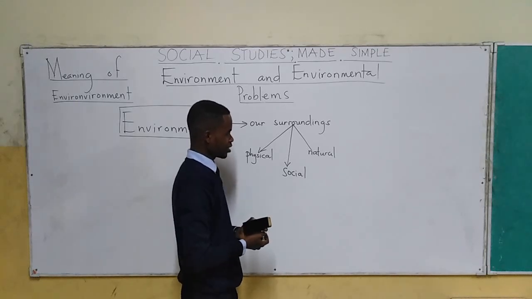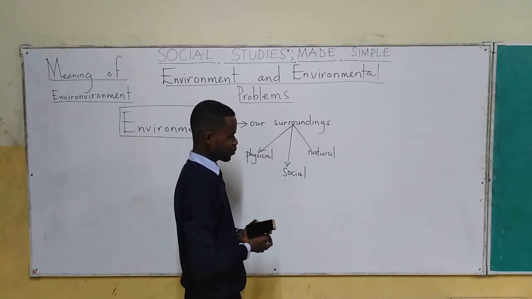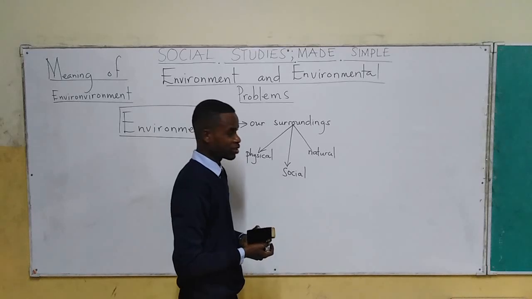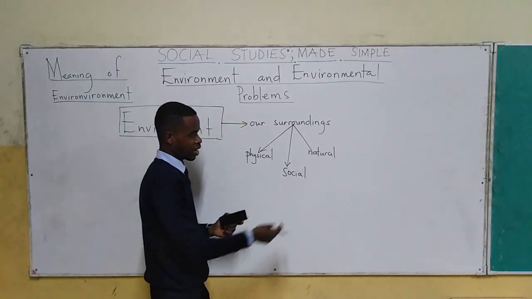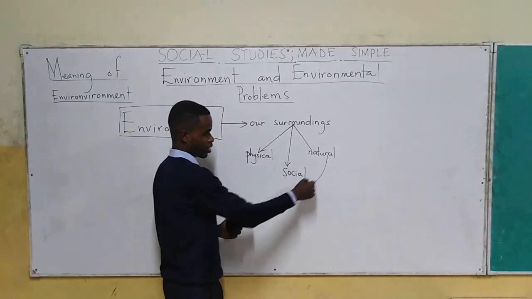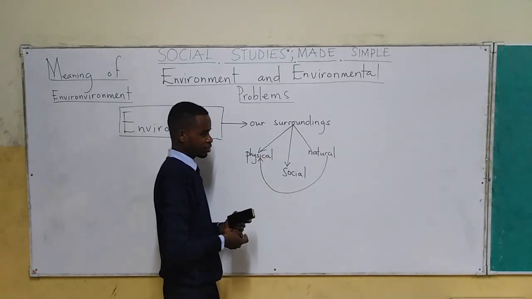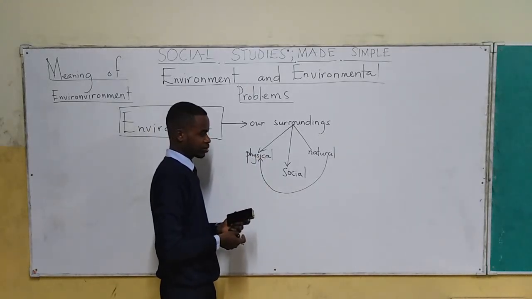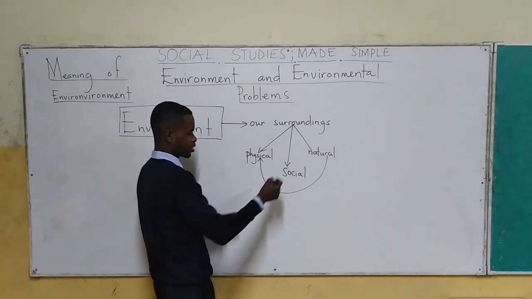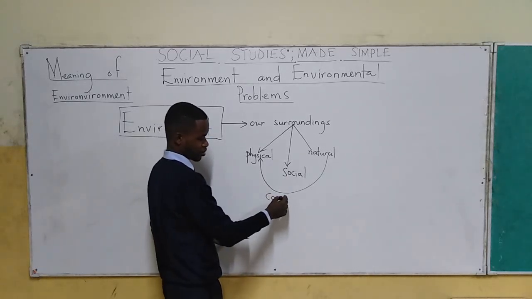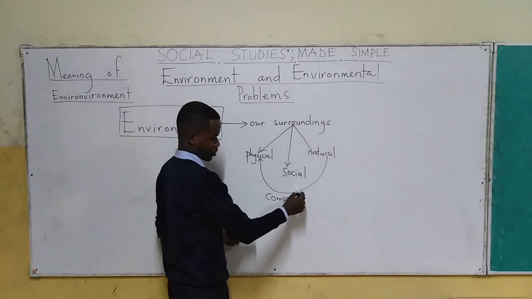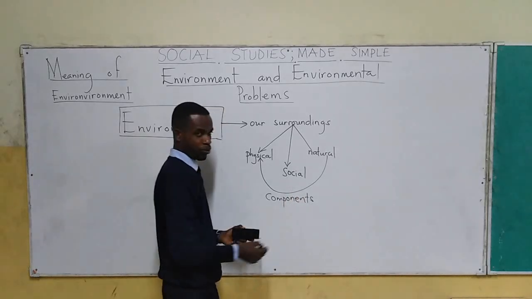Good. Now, let's see what we can get out of this. So to put them together, we can put the natural under the physical things. The natural things that exist by nature. The things that we are talking about here, we can refer to them as components.